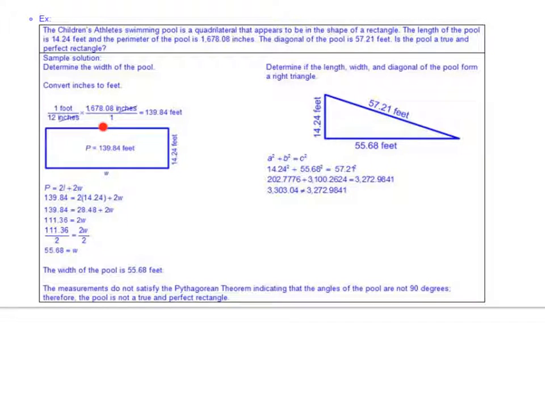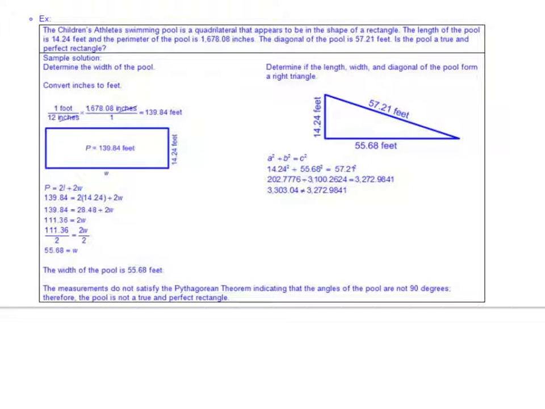So in essence, you're just dividing by 12, and you get 139.84. So now we have a perimeter of 139.84.